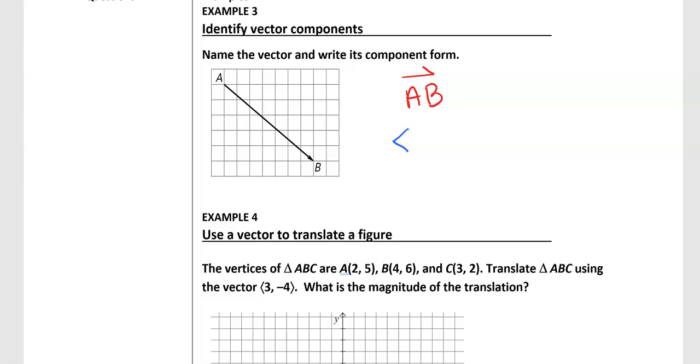So from A to B, it is going horizontally 1, 2, 3, 4, 5, 6, 7. So 7 to the right is positive, and then it's dropping vertically 1, 2, 3, 4, 5. So 7 comma negative 5. Okay, so horizontal comma vertical, and the letters are telling me what direction.